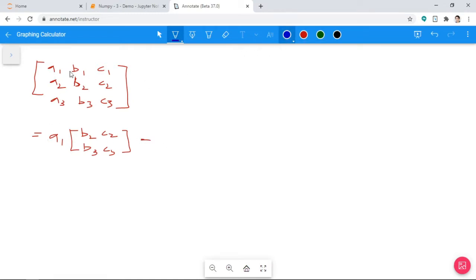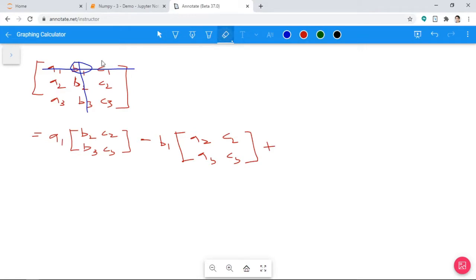Assuming your reference now is B1, imagine you have a pencil and you place the pencil above. So you have B1, and you multiply by A2, C2, A3, and C3. The next one will be plus.